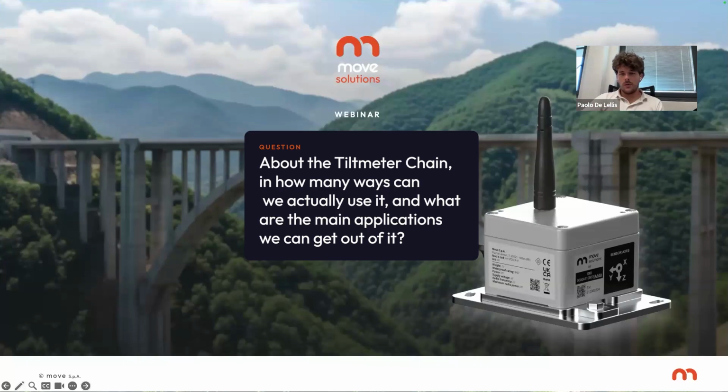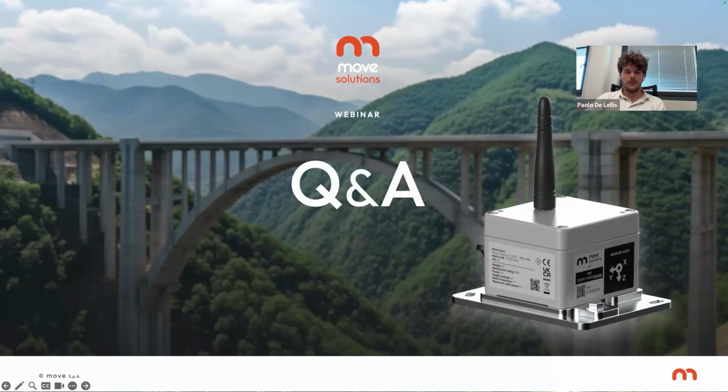In this case, you don't need to use the beam, but you install the sensor directly in the structure. But of course, I can share other information with you later if you need.